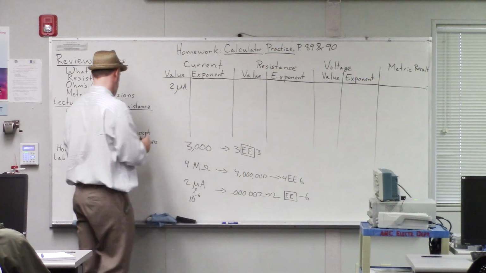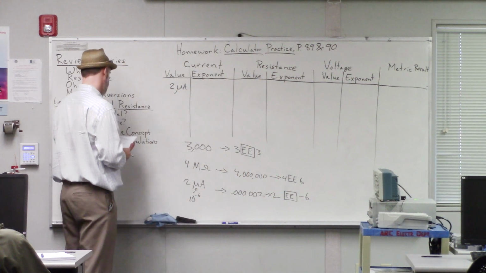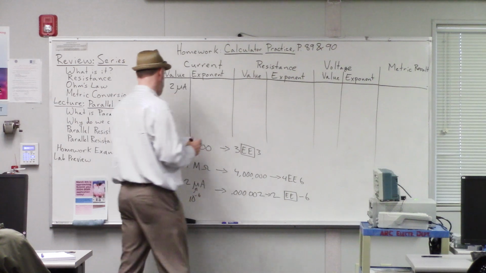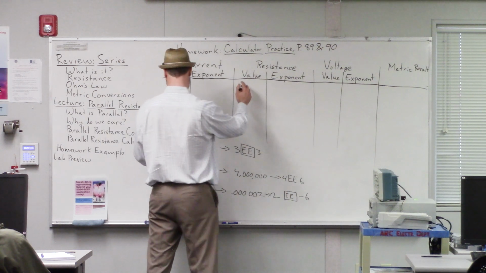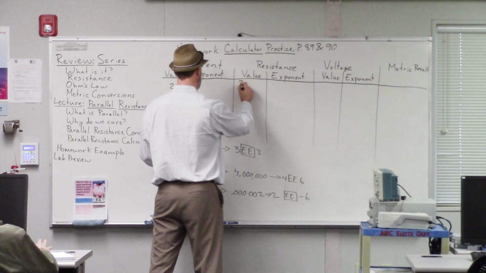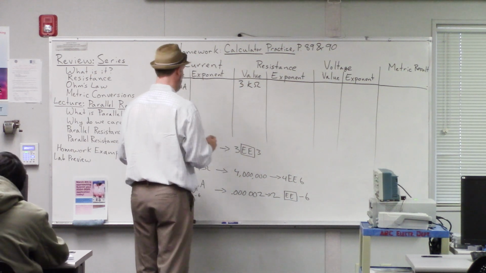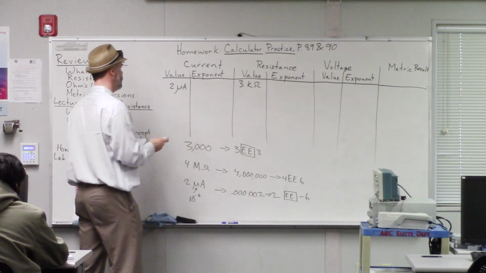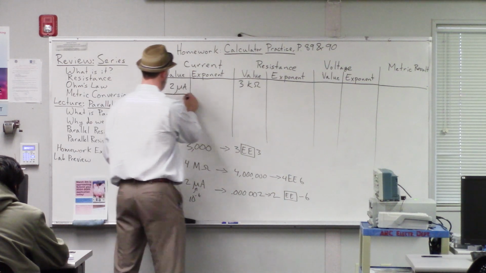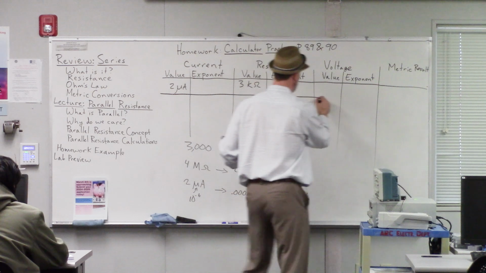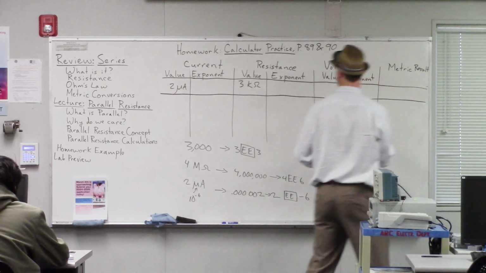All right, so we have a current of 2 microamps, and then a resistance of 3 kilo ohms. And then we have to fill in everything else. So let's see how we could fill that in.